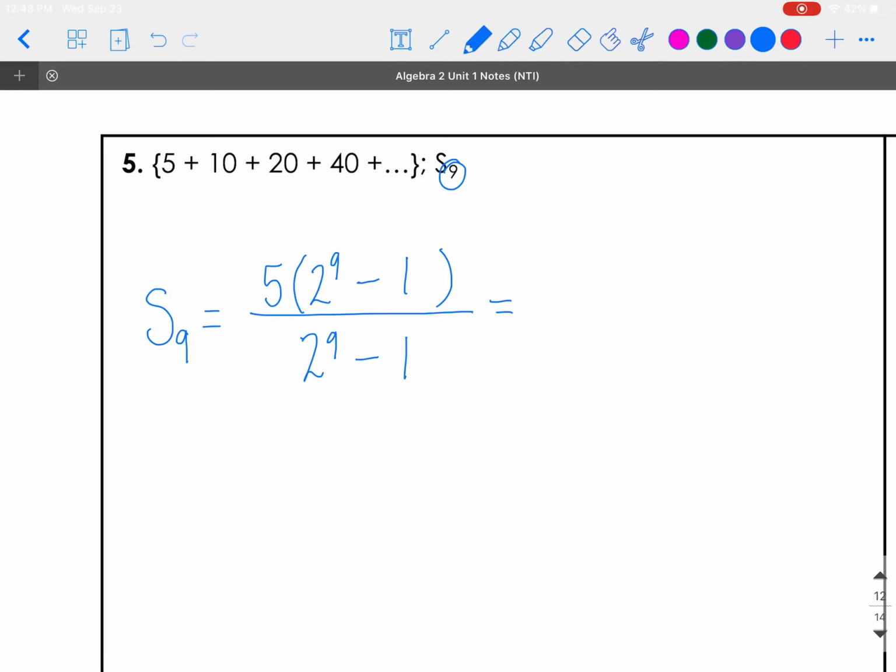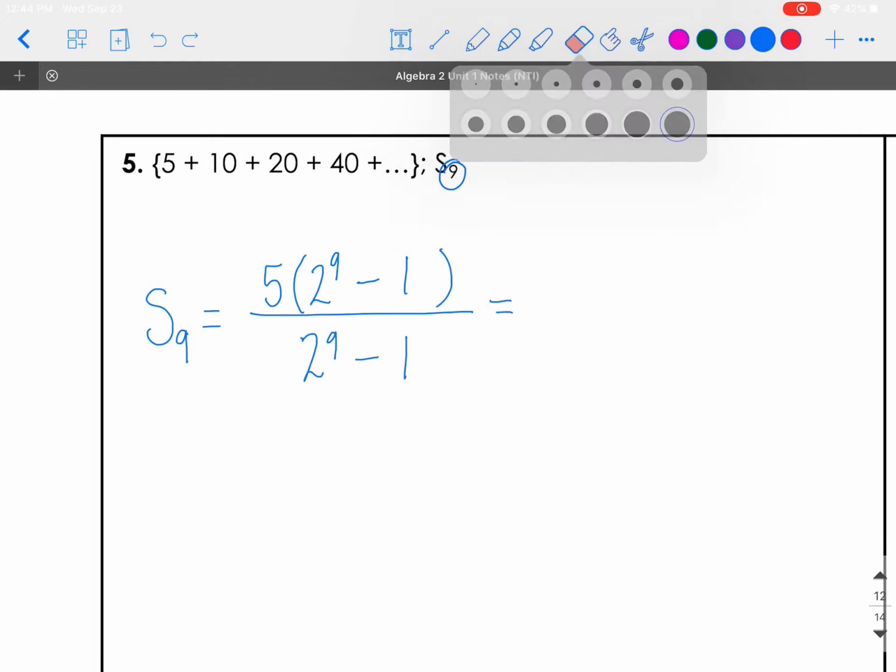Go to your calculator. I didn't need this 2 to the 9th.